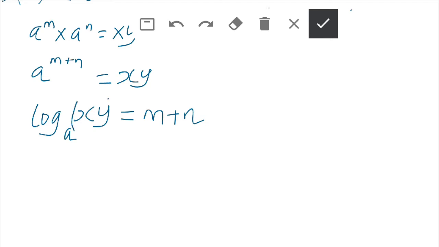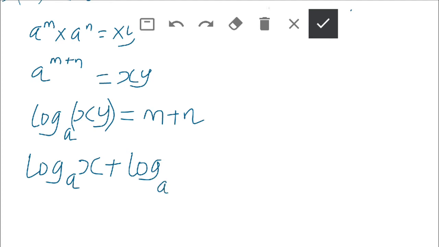Let's combine them like that, in which case we shall have log to base a of x, because we are multiplying, we shall add log to base a of y, and that is equal to m plus n.